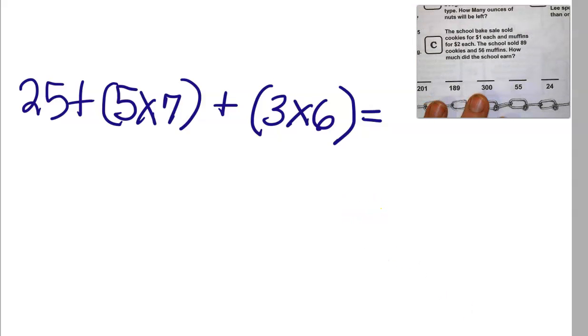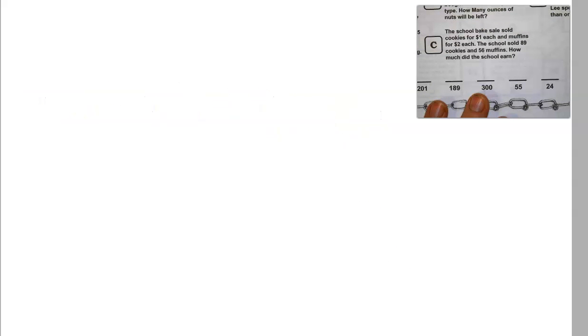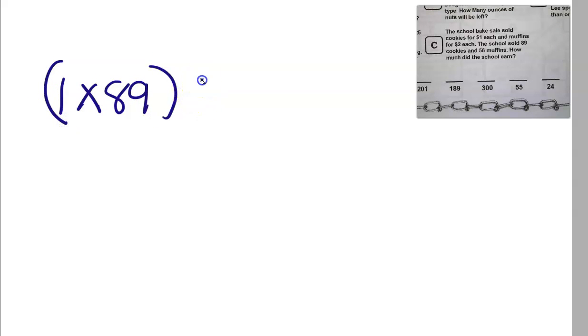Okay, and our last problem, problem C. The school bake sale sold cookies for $1 each and muffins for $2 each. The school sold 89 cookies and 56 muffins. How much did the school earn? Well, it says that they sold cookies for $1 each. They sold 89 of those. So that's 1 times 89.